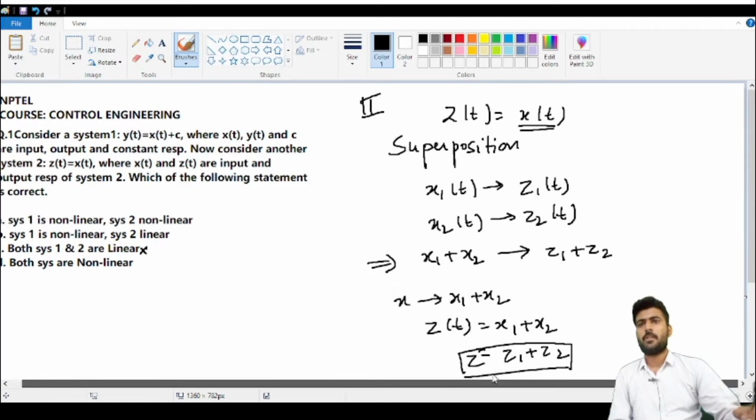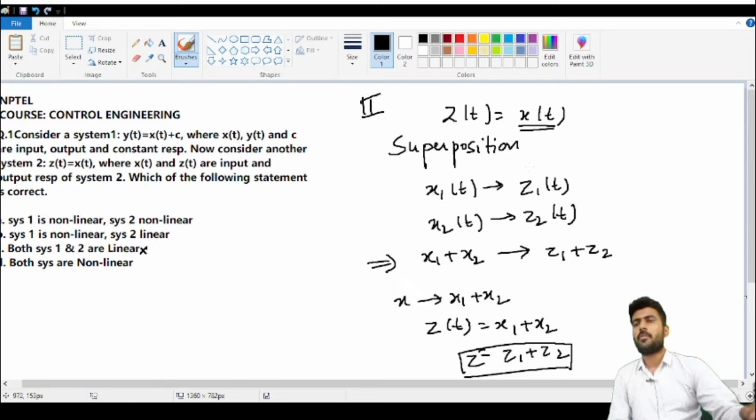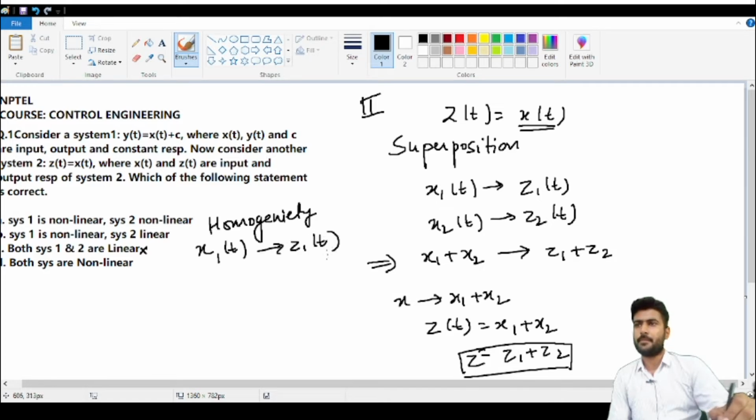So what about the homogeneity principle? To check the homogeneity condition, let us suppose for input x1 the output is z1.